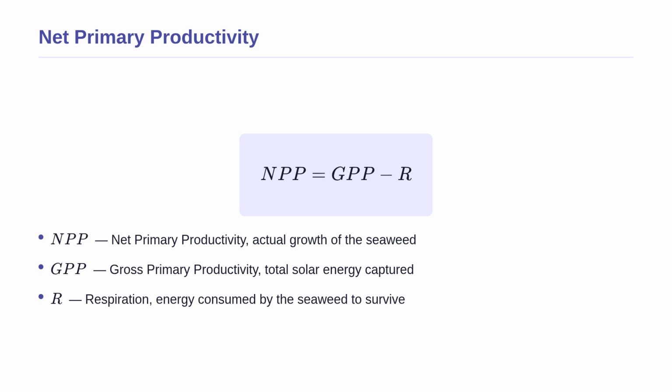GPP is gross primary productivity, representing the total solar energy captured and converted into sugar. Finally, R represents respiration, the energy the seaweed consumes just to stay alive. If GPP increases due to more sunlight, NPP increases. If warmer waters cause respiration R to rise, NPP will decrease.